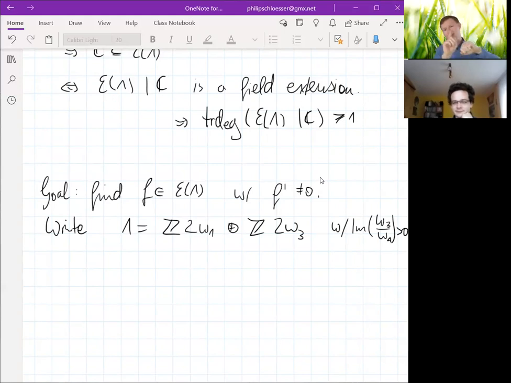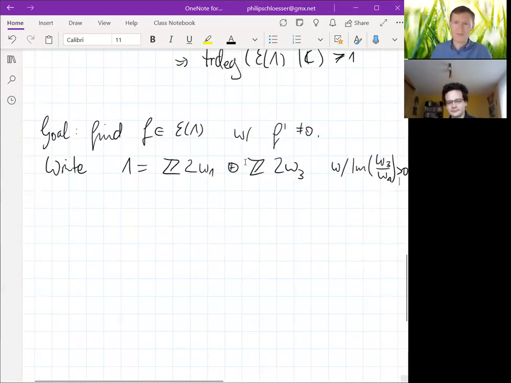But if this is omega 1 and this is omega 3, it's negative. So you can just exchange them.